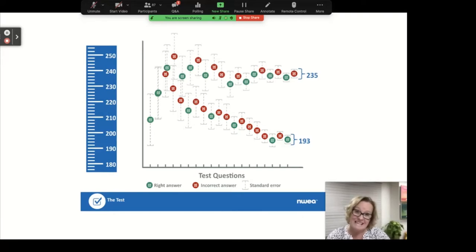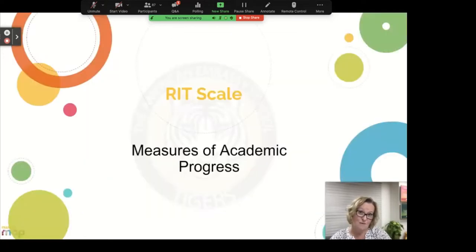Now, in seeing this, you'll see that there are 2 scores here at the end. This is the second thing that I want to focus on with you. This score is called a RIT score, which is on the RIT scale. Now, you and I grew up in a time of percentiles. I remember my Iowa Basic Skills test back in the 70s. I'm aging myself a little bit here, but it was 79th percentile or 23rd percentile.